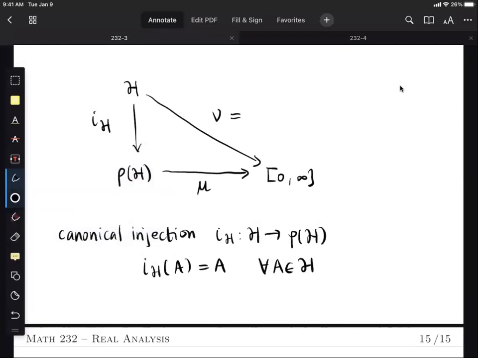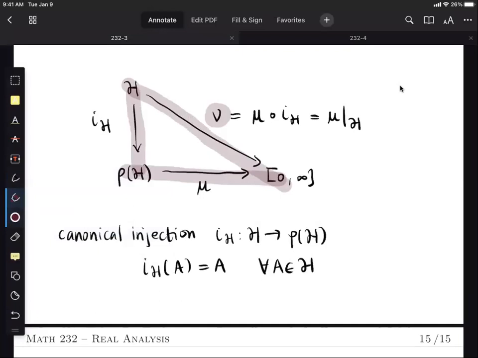In other words, if I go from i_H and take the composition with mu, well, this is basically the restriction of mu on H. So given a content nu from H to the set of extended non-negative reals, I could construct another content now on the ring generated by the semiring in such a way that the composition of the canonical injection i_H and the content mu would be the same as the original content nu. Moreover, if nu is a pre-measure, then mu is also a pre-measure.